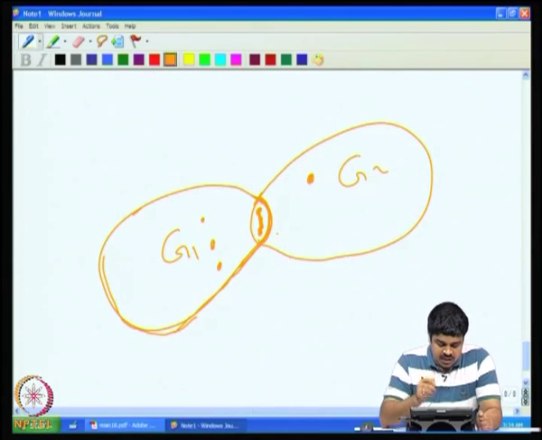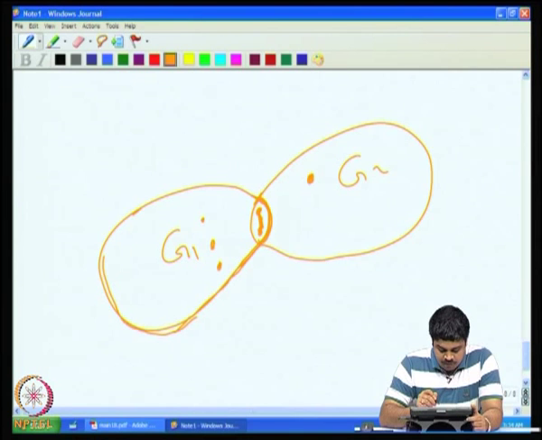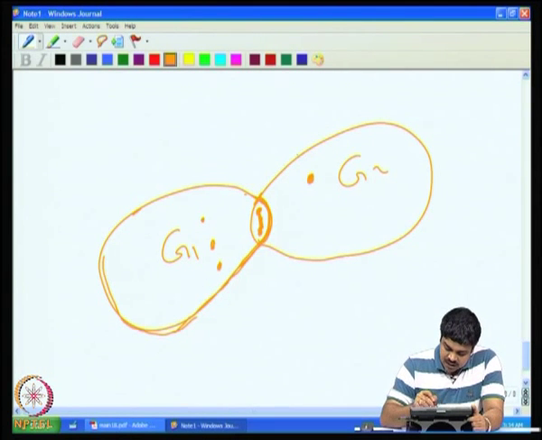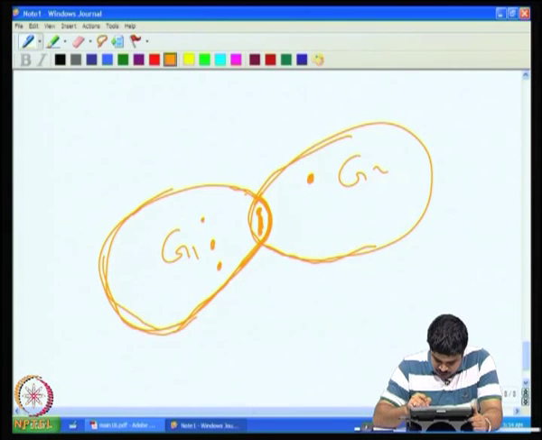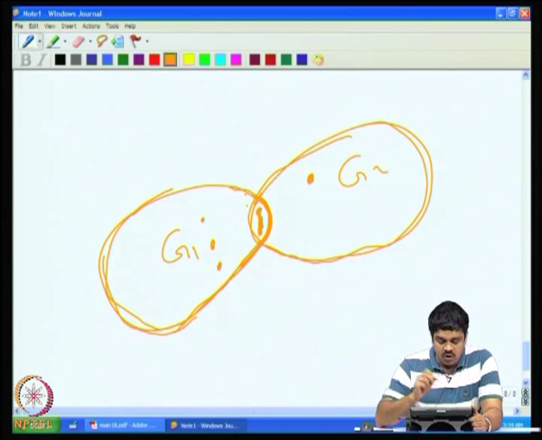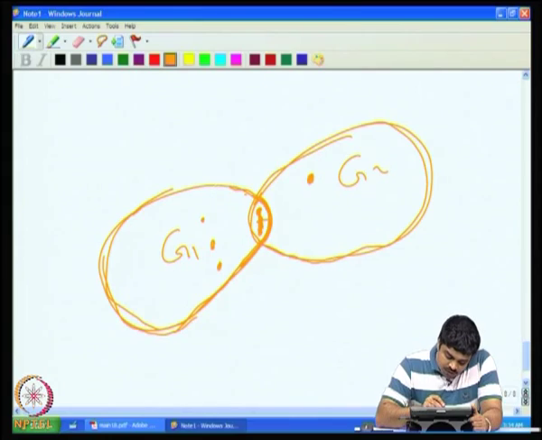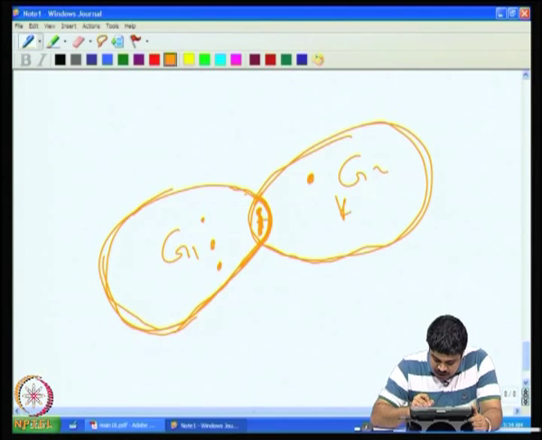So, we can infer that if K33 or K5 is a minor of this entire graph after putting this edge, then it is completely from this part or completely from this part. We can see a K5 or K33, whichever, in G1 or G2. And now, even if this edge was not there, suppose it was there and the K33 minor came in.